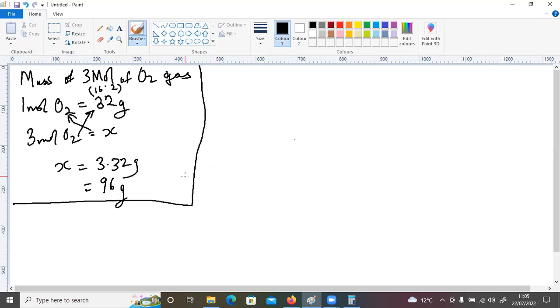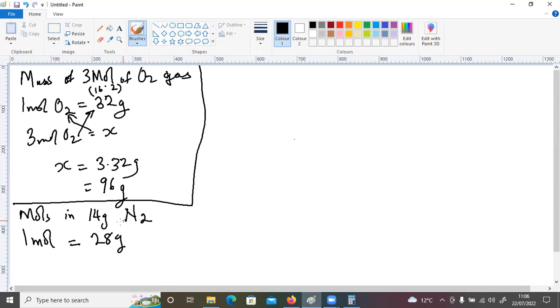Another one: moles contained in 14 grams of nitrogen gas. What do I know? That 1 mole of nitrogen gas must be 28 grams. Why?